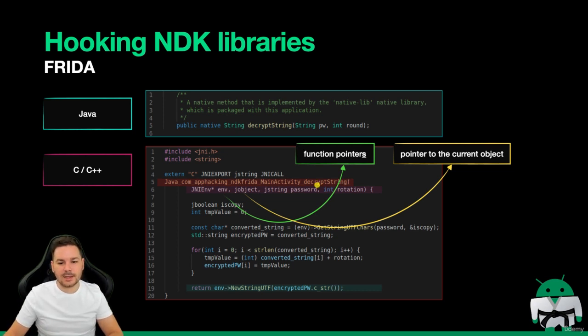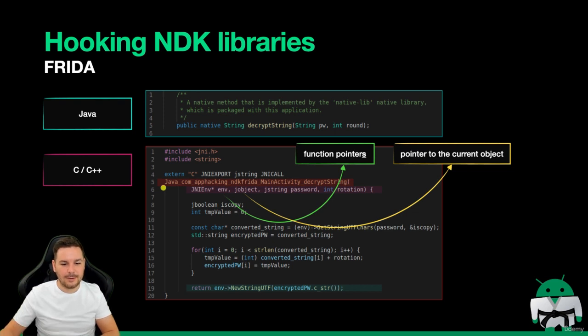And then we have seen this decrypt string has a huge prefix. This is Java underscore, then the whole class name, and then we have this function name. This is also important because if we are searching for our functions later on, we will always have these huge prefixes in front of them. So if you're looking for decrypt string, we have to look for the function name at the end of this string.